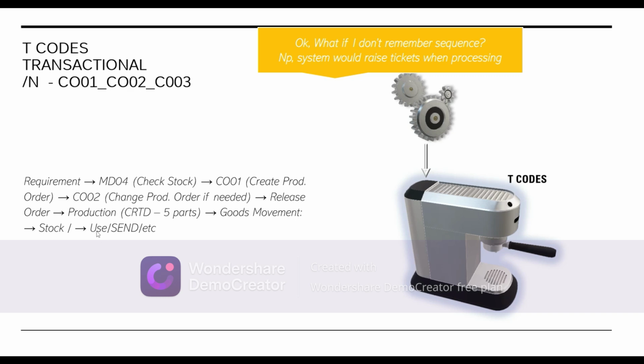Then release, and automatically goods are updated here, the production order is updated here, and then we can check it. This is how basically any transaction code, or a number of transaction codes in sequence, can perform to execute an operation.